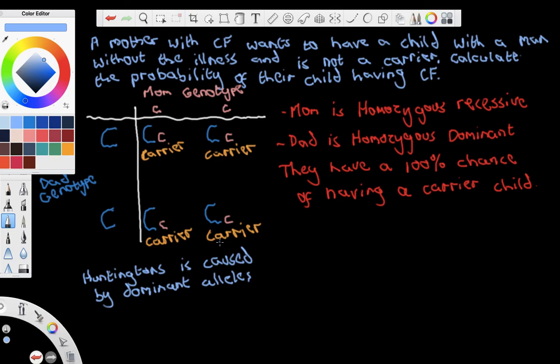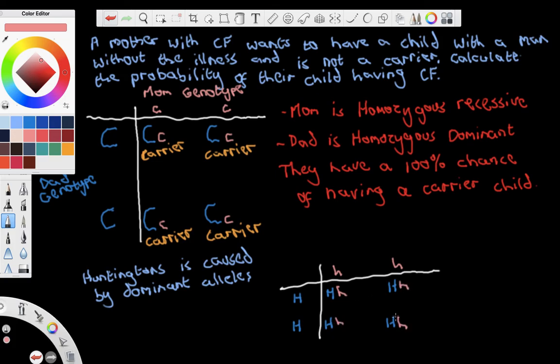If we wanted to do a cross for Huntington's, if we've got a person who is homozygous dominant and a person who is homozygous recessive, so let's pretend that mom is homozygous recessive, in fact I'm going to use a different letter, I'm going to use the letter H, so a lowercase h here and a lowercase h here, whereas dad is homozygous dominant, so dad does have Huntington's disease. If we did a cross between these two, all of their children would have a 100% chance of having Huntington's.